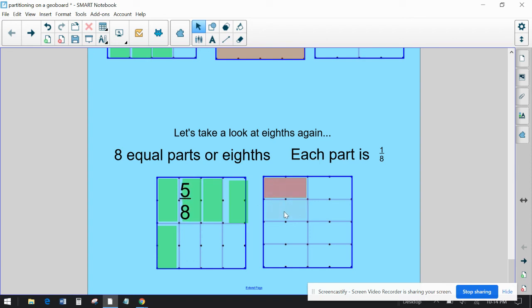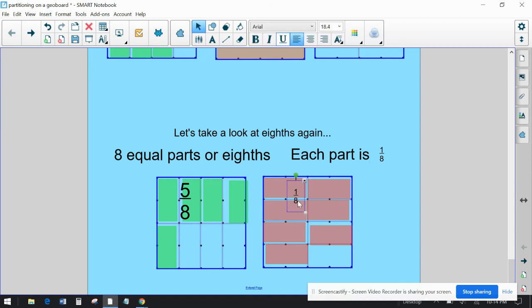And let's do, I don't know, let's do 7/8. 4, 5, 6, 7. 1, 2, 3, 4, 5, 6, 7/8. So the pink area on this geoboard, I have 7/8 shaded, right? So you're just adding up each unit fraction to show you what fraction that is.